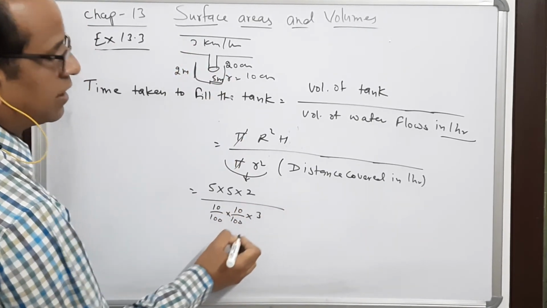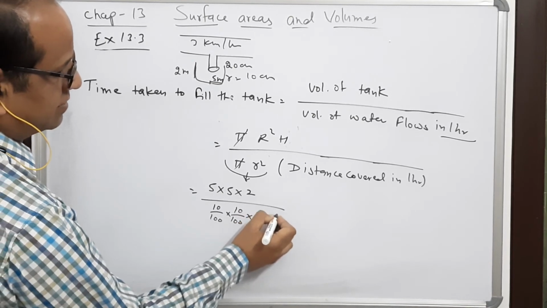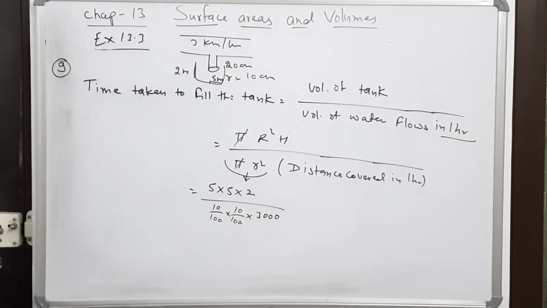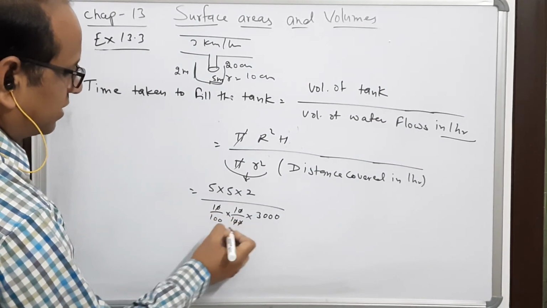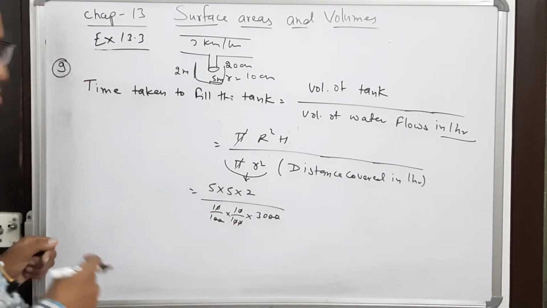It is 3 kilometers, so we can convert this to 3000 meters. So here this 0 and this 0 cancel, and these two zeros with these two zeros.